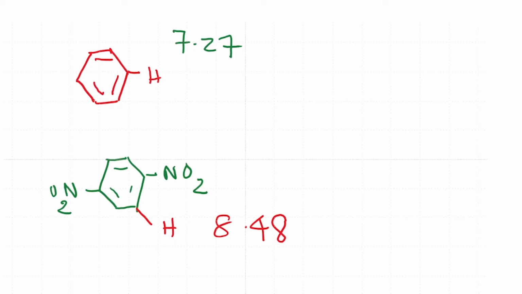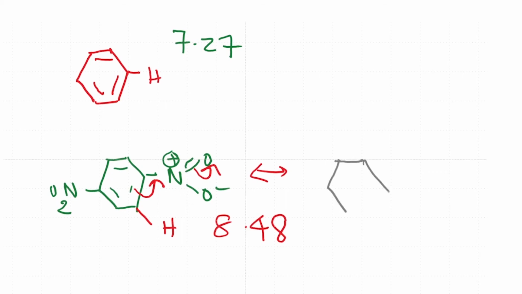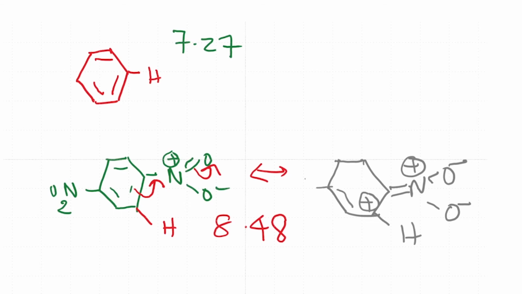The way we understand this is that if you draw out the nitro group, such as shown here, and if you pull these electrons over here, this is going to give rise to a resonance form where you have a double bond NO minus with a positive charge, and this hydrogen here is going to be next to an electropositive NO2, right?